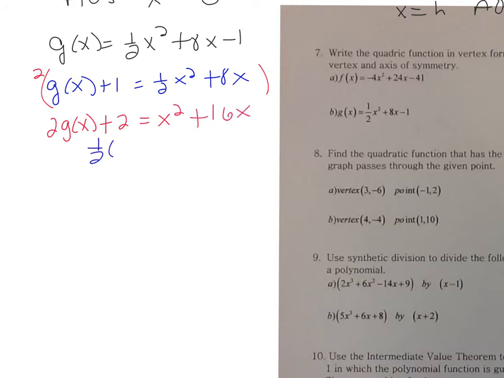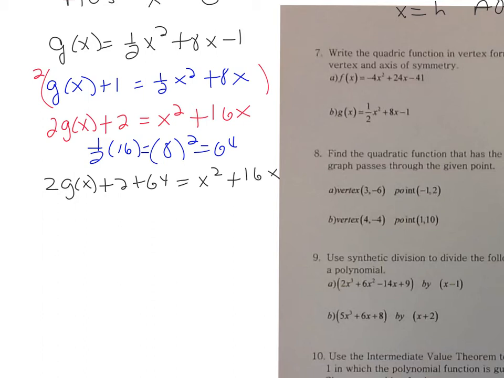Now we do half of 16 is 8, squared is 64, add that to both sides. So we get 2g of x plus 2 plus 64 is equal to x squared plus 16x plus 64, and then that factors and becomes x plus 8 squared. And I get 2g of x plus 66 equals x plus 8 squared.